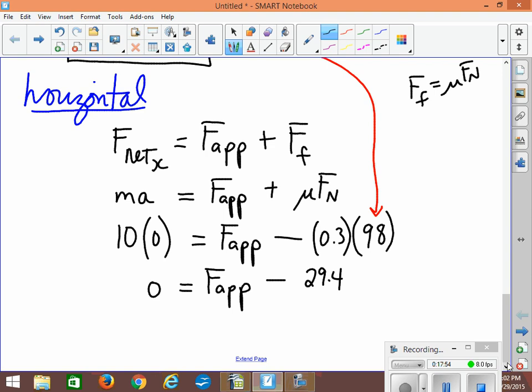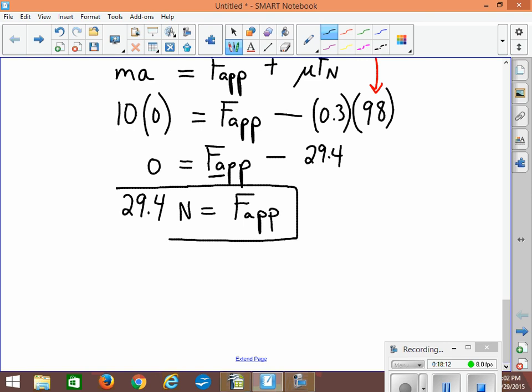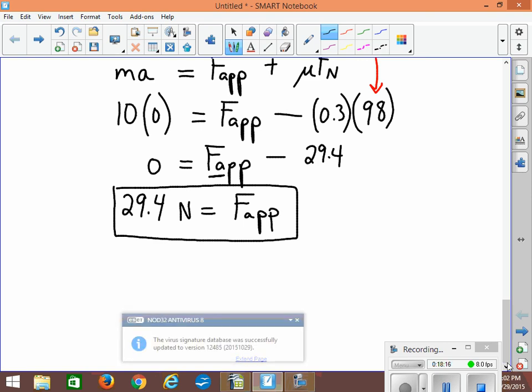Now, what I do is move that to the other side, and apparently my answer is that now I know that this is a force because it says F applied here, so that's newtons, and I write F applied. I've discovered that the force I would need to apply to slide the block at a constant speed is 29.4.